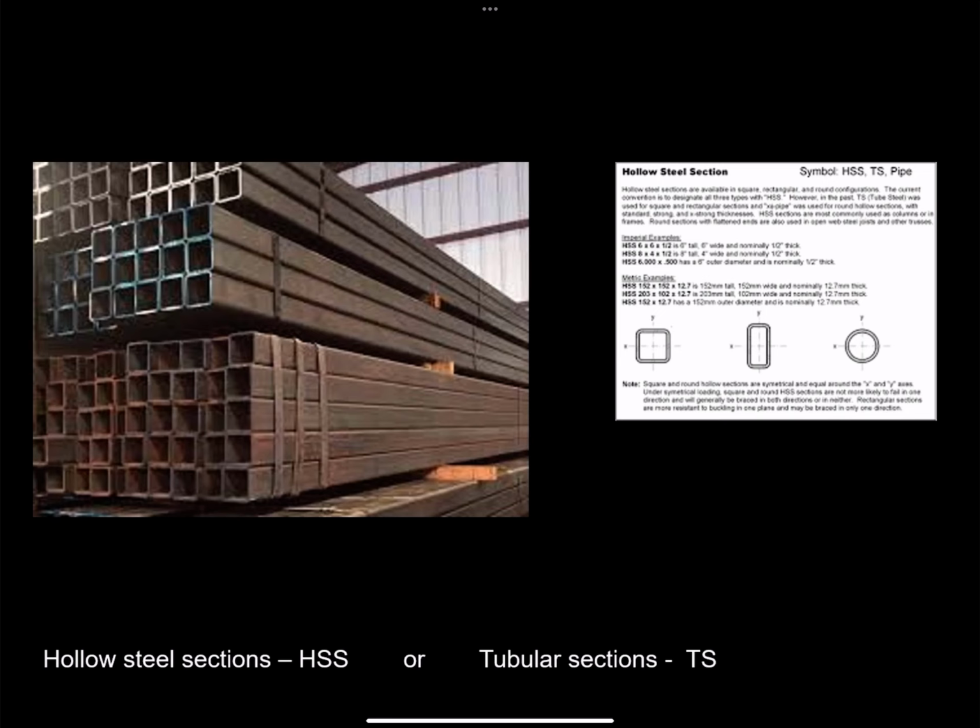So the 5 by 5 is the inches, this is 5 inches square, and the walls of the tube are 1/2 inch thick. If it is a TS5 by 1/2, that means it's a circular tube that is 5 inches diameter with a 1/2 inch thick wall.